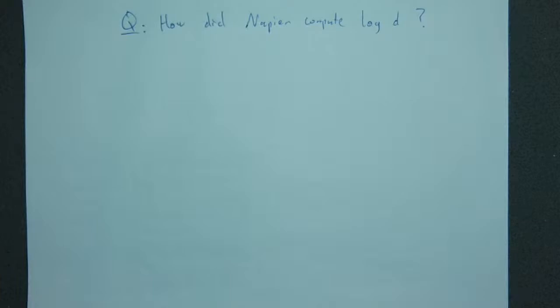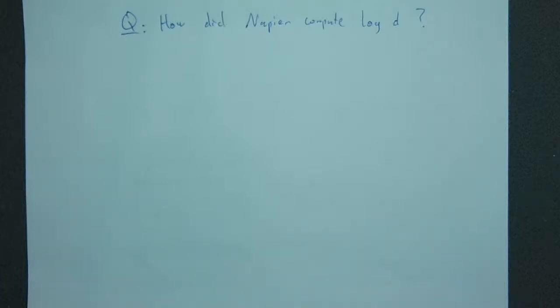Now, if you were students like 50 plus years ago, when there were no calculators that could easily compute logarithms, you would have used what are called log tables to write out some of these logarithms and compute with them. But how were those log tables generated? How did the first person who discovered logarithms actually compute with them?